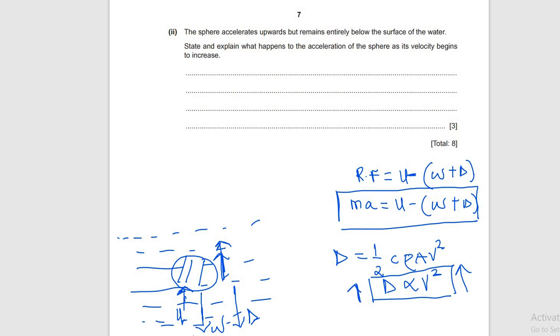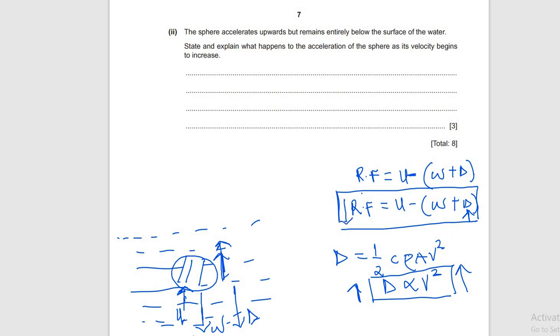Now, if the drag force increases, what do you expect? What will happen to the resultant force? Let me write it as RF. So when drag force increases, what happens to the resultant force? Resultant force decreases. How?